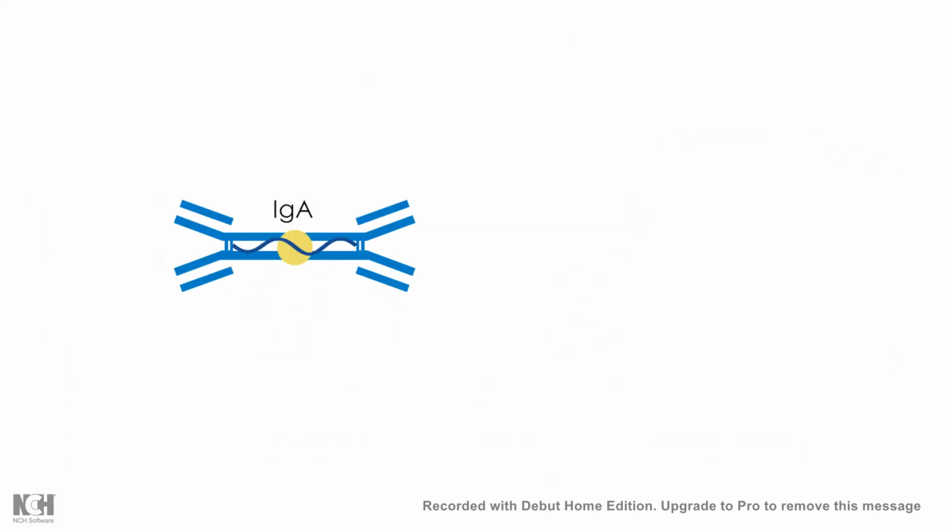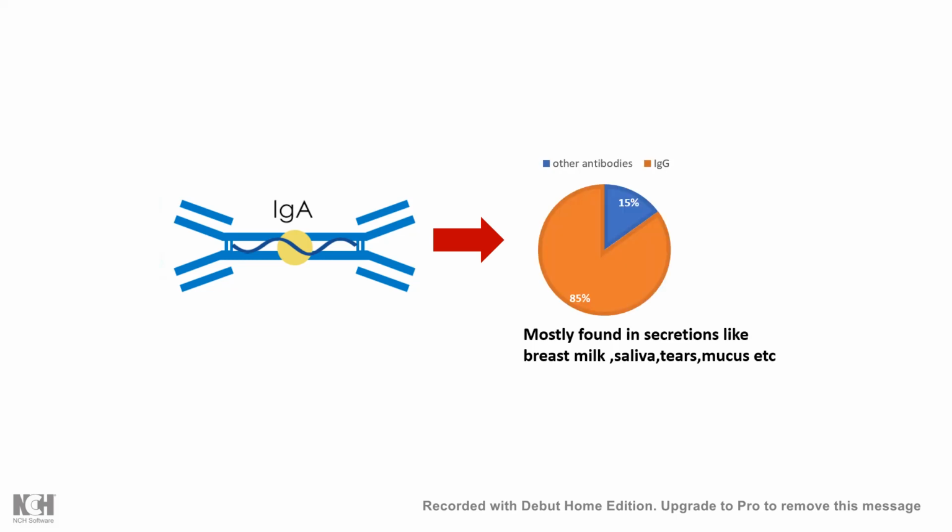Next, we talk about IgA. IgA is basically a dimeric structure. You can imagine two monomers linked together by a J chain, and it is mostly found in secreted fluids. It exists mostly as a dimer, but it can also exist as a tetramer.